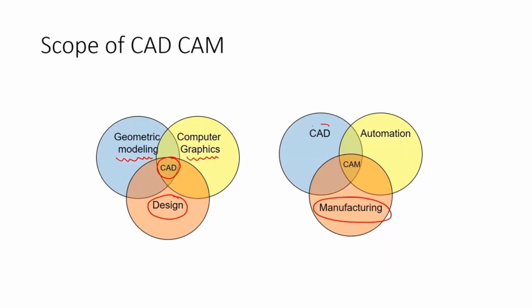But to generate these codes or to use computers in manufacturing, we should have CAD based drawings and we must have the required automation. So, we can say the application of CAD and automation to solve the manufacturing problem is nothing but CAM. CAM is computer aided manufacturing and CAD is computer aided design.